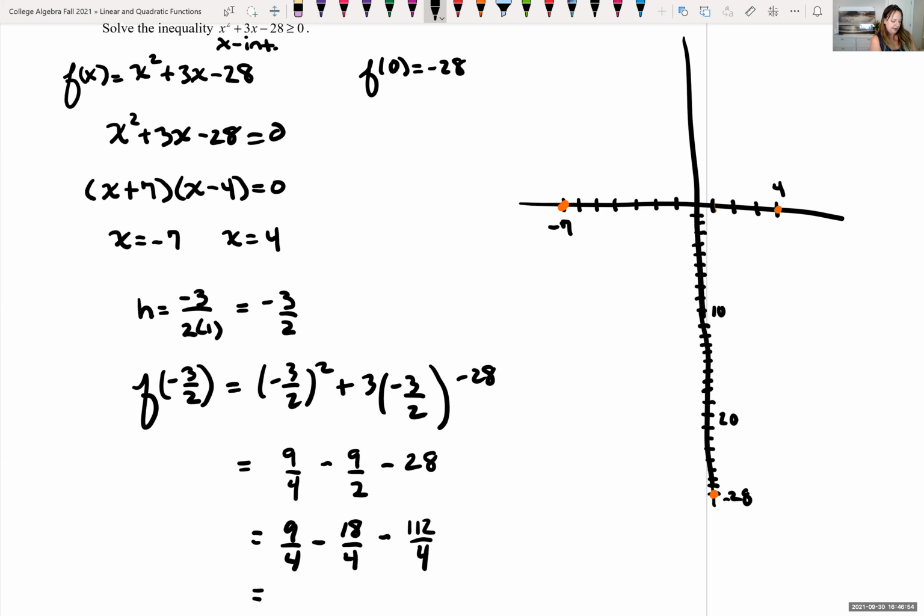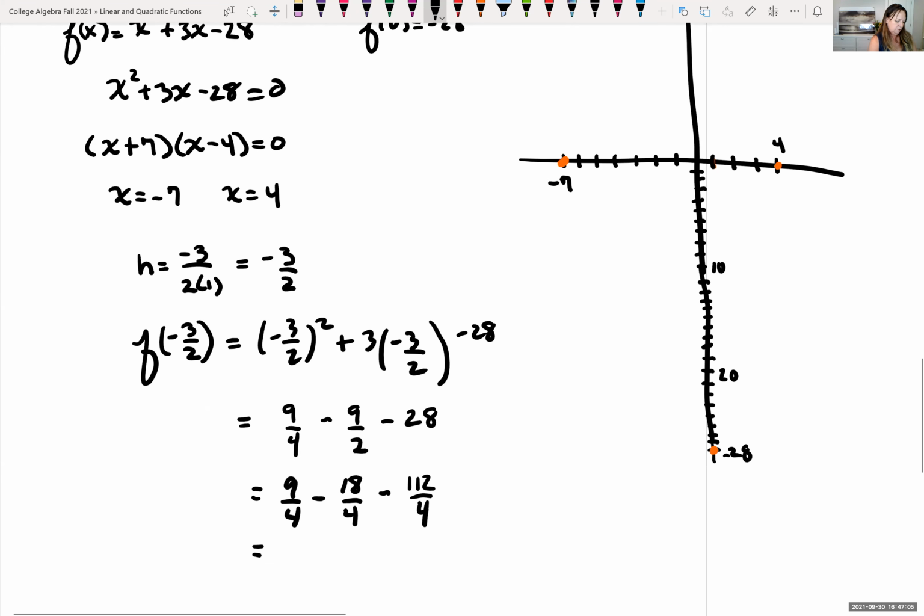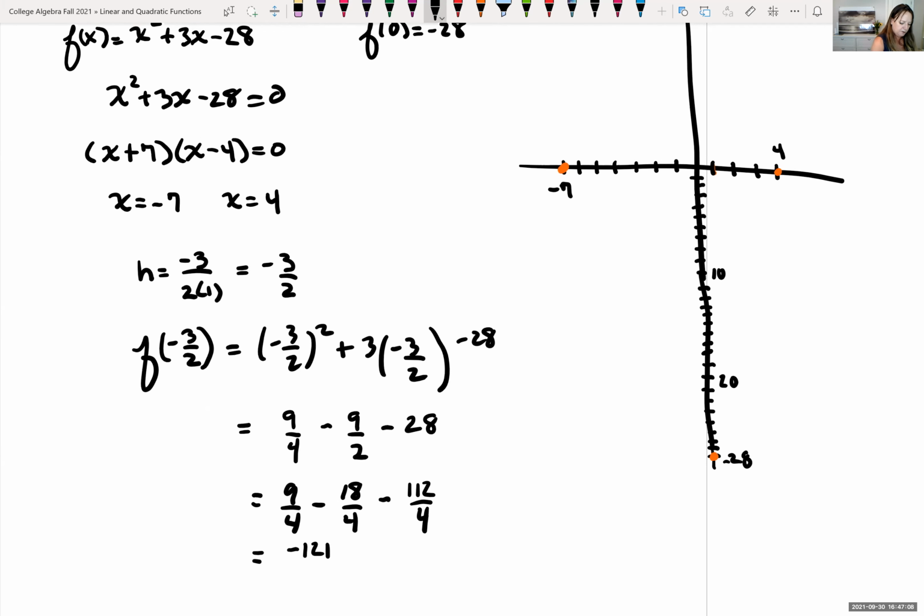So 9 minus 18 minus 112, and that gives me -121/4, which gives me -30 1/4. Okay, so just estimate it. About -30 1/4, and that was at -3/2, so it's -1.5. So about right here.